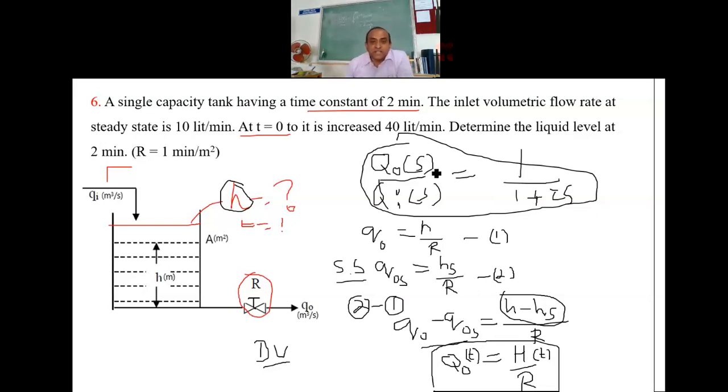But here your transfer function is always in S. I'll call this Roman number 1 equation. Now you got equation 3. You cannot substitute this here directly because it's in time domain. So what has to be done? You have to apply Laplace.